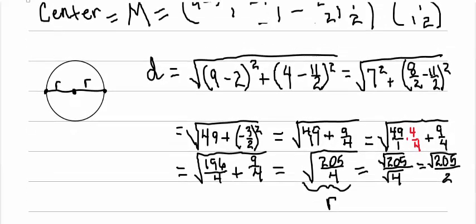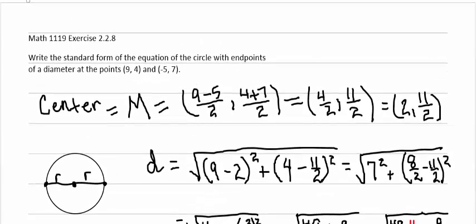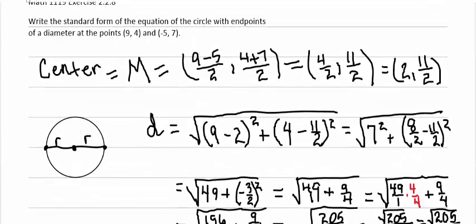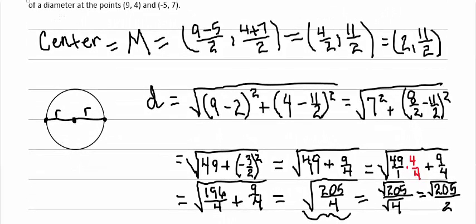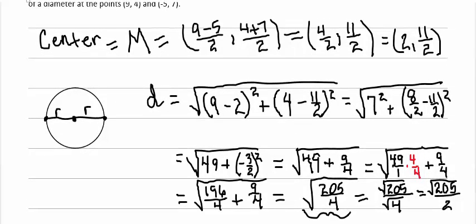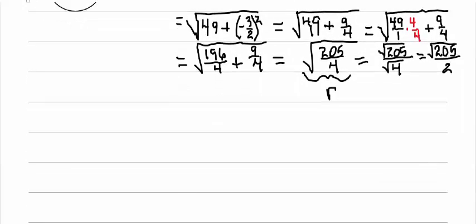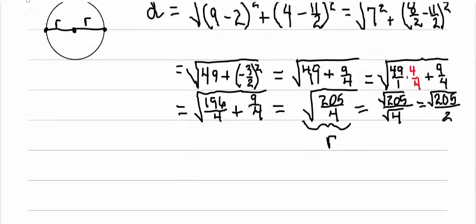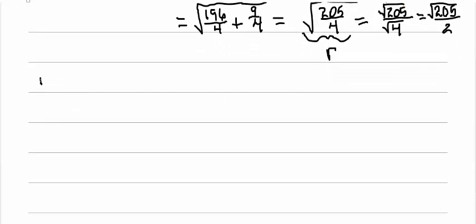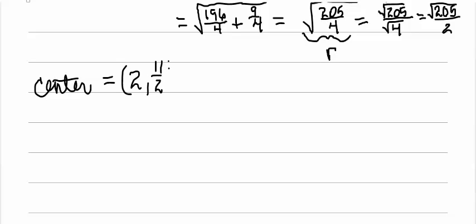If I look back at the problem, I'm asked to write the standard form of the equation, which I'm now able to do. I have the center and I have the radius. The center is the point 2, comma 11/2. The radius is the square root of 205 divided by 4.